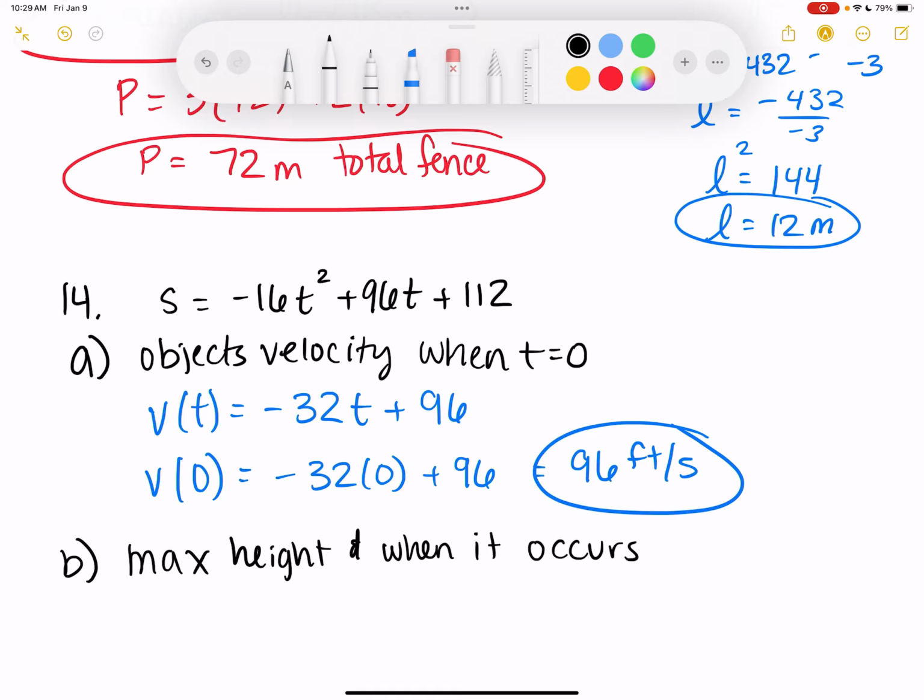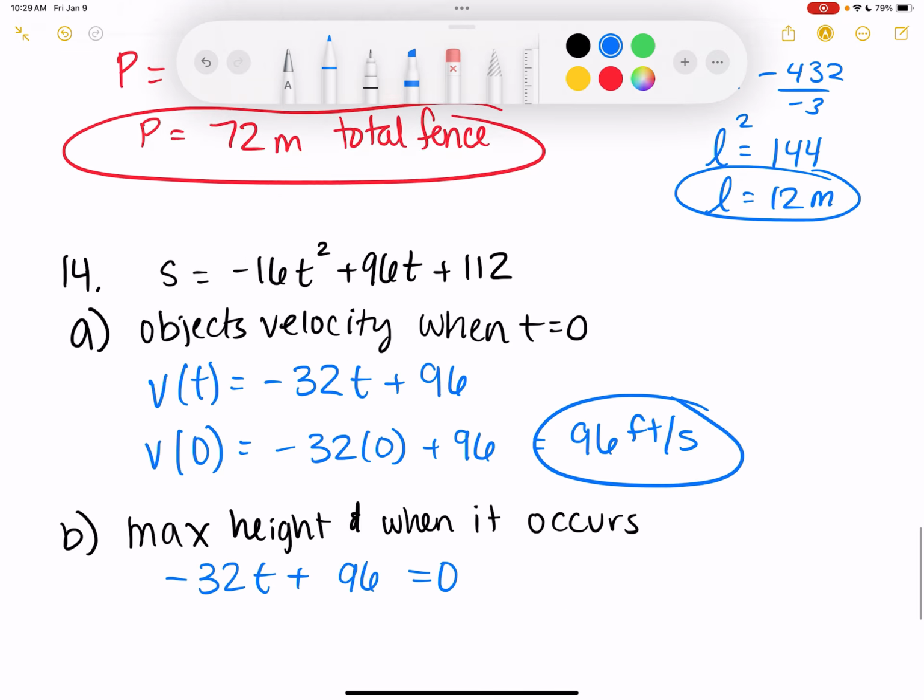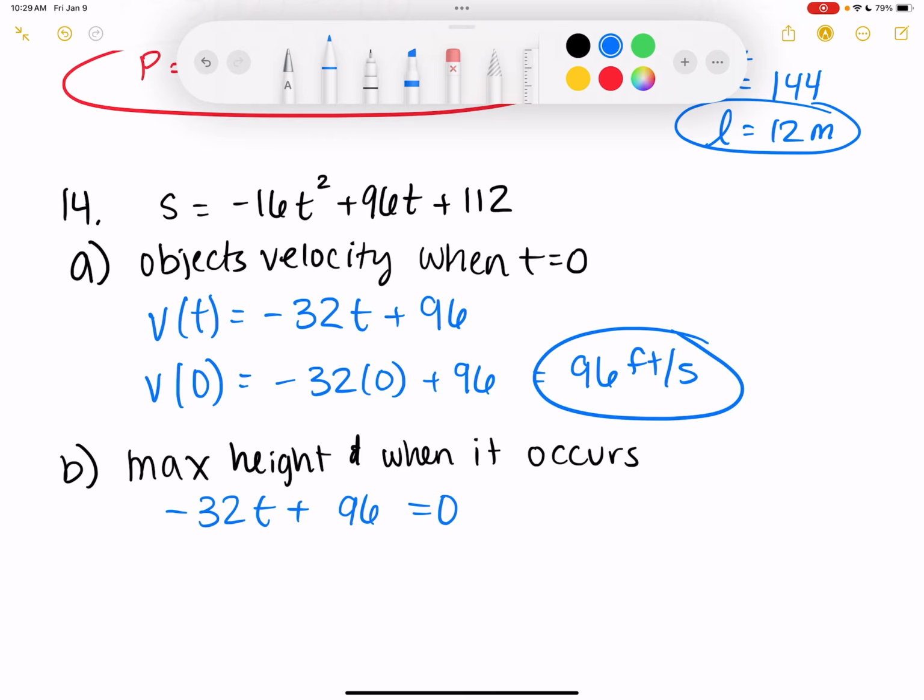So that's going to be the max height. So we take negative 32t plus 96 and set it equal to 0. So negative 32t equals negative 96. Divide by negative 32, t equals 3 seconds.